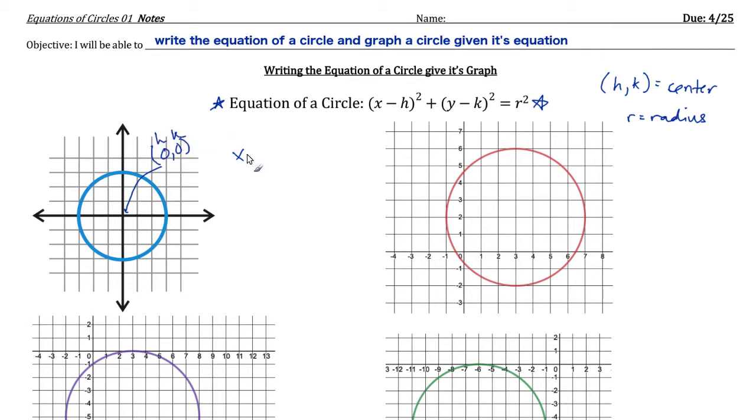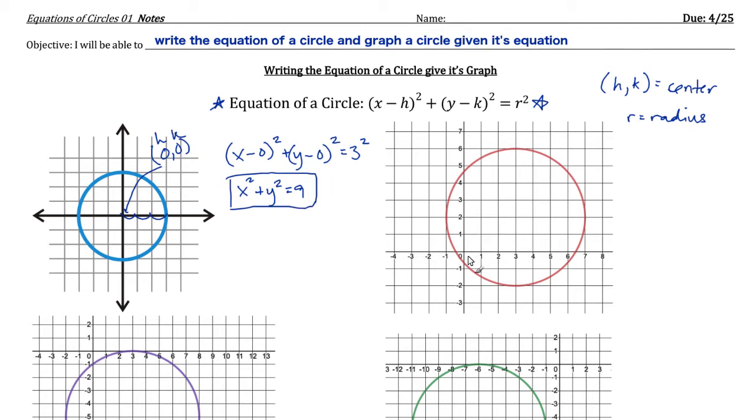So x minus 0 squared plus y minus 0 squared equals, the radius is the distance from the center to the outside, which is 3 units. 3 squared. Let's simplify: x squared plus y squared equals 9, and that's it. And most of the time, you won't even have to simplify.